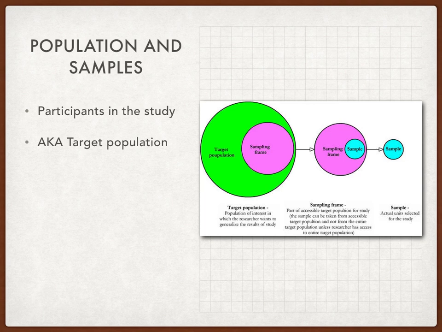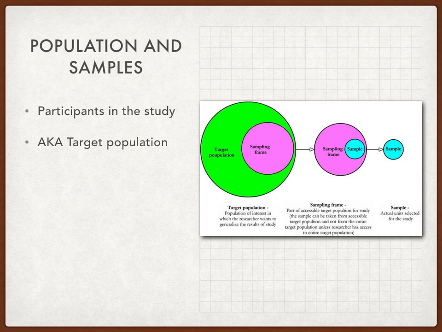And then we have our sampling procedure that we use, which we'll talk about next week or the week after. It's how we go about actually getting our sample of who's actually going to be in the study. And then from our sampling frame, that's who we can actually have access to.